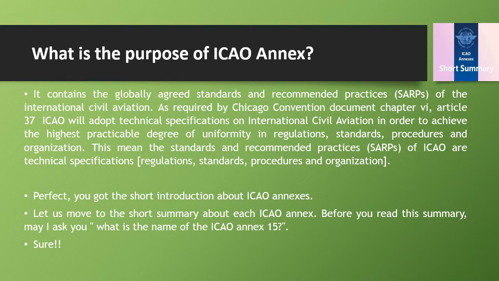As required by Chicago Convention Document Chapter 6, Article 37, ICAO will adopt technical specifications on international civil aviation in order to achieve the highest practicable degree of uniformity in regulations, standards, procedures and organization. This means the standards and recommended practices, SARPs, of ICAO are technical specifications, regulations, standards, procedures and organization.